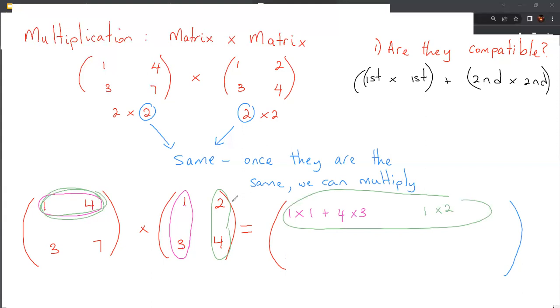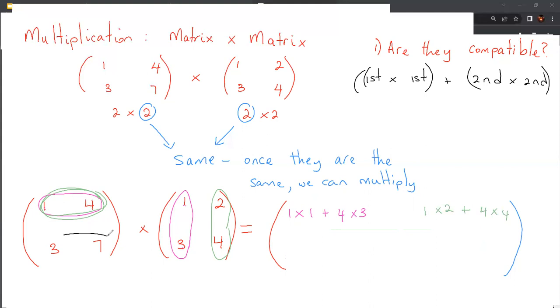And I'm working with the right column, so my answer will be in the right column. So it corresponds. So you're going first times the first plus the second times the second. It's a sing song. I'm finished with that row by each column.